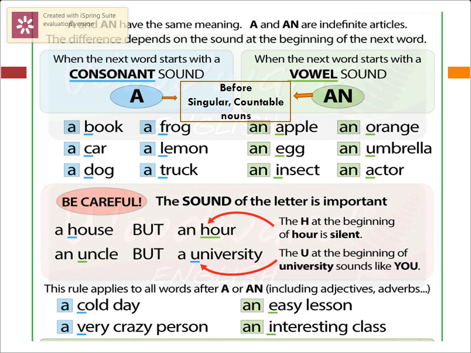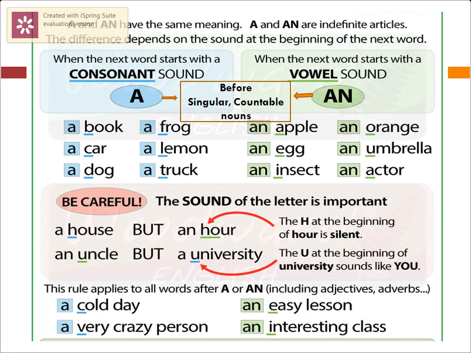Similarly, when the next word starts with a vowel sound, we use the article an, like an apple, an egg, an insect, an orange, an umbrella, an actor. In each of these phrases, the next word or the noun starts with a vowel sound.